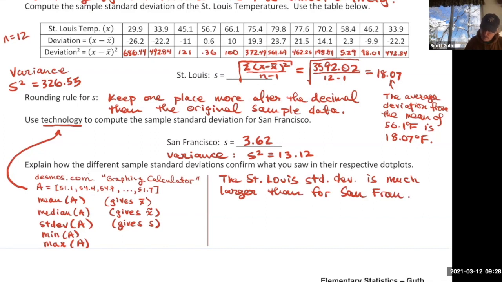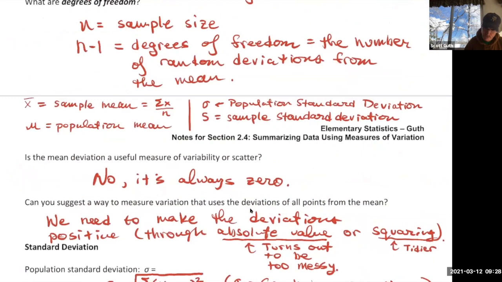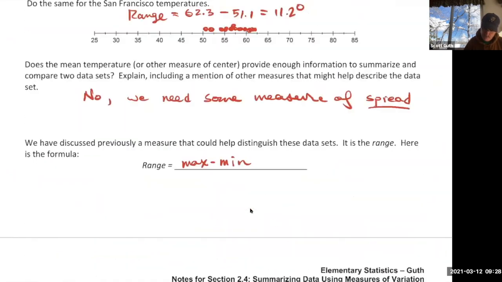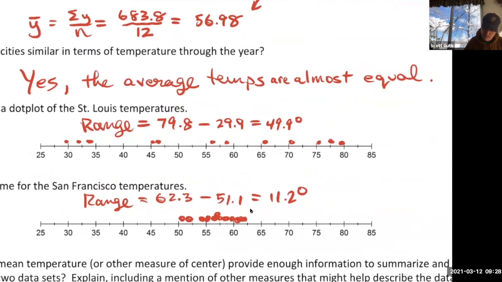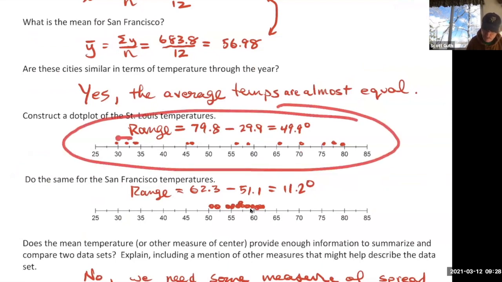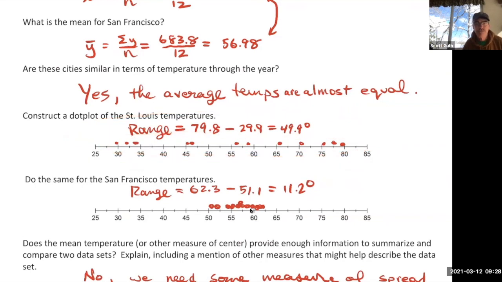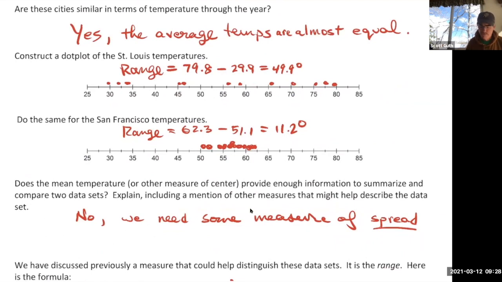Just a real quick reiteration here. If we go back up and look at those dot plots that we drew, the dot plot for St. Louis has values that are really spread out with a really wide range, basically a 50-degree range. And for San Francisco, the values are really clustered closely together, with a range of only 11.2.